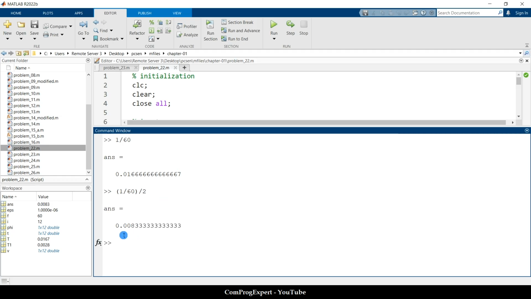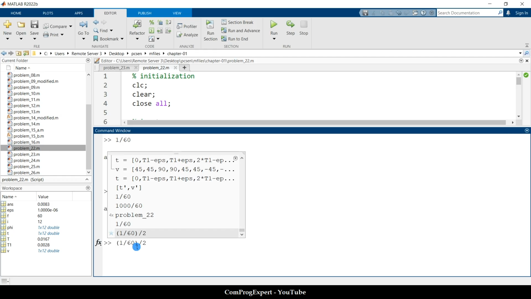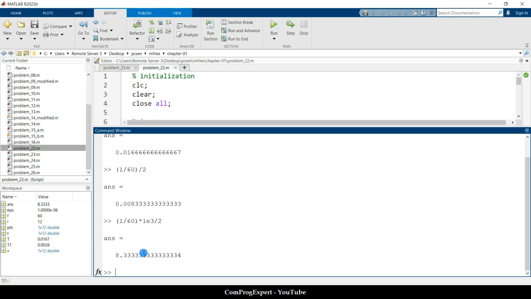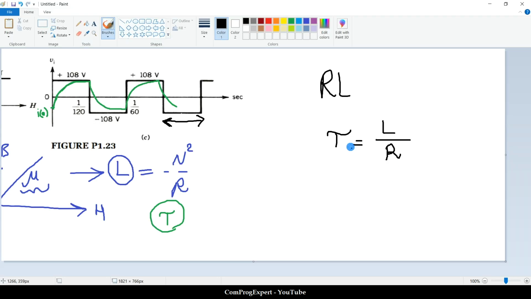This is 0.0083, or if I multiply this by 1000, it is 8.3 milliseconds. So I'm going to consider the time constant equal to 1 millisecond. How can we set it? If we consider the value of the resistance equal to 1 ohm and inductance equal to 1 millihenry.